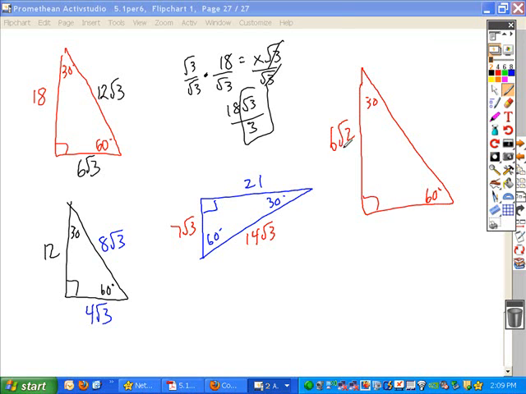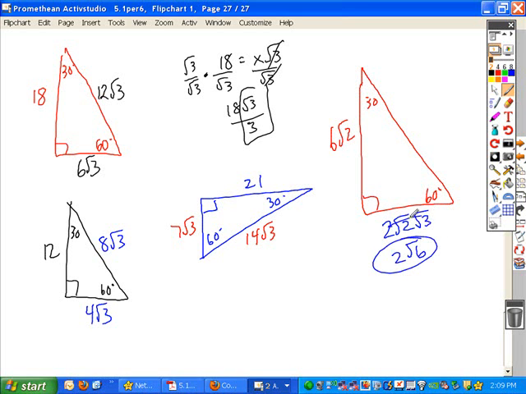Divide by 3. So 6 divided by 3 is 2. Okay, the root 2 carries along, and then we're going to multiply that by root 3. And we can simplify this by combining our product underneath a common radical. 2 root 6 would be our side opposite 30 degrees. Therefore, the hypotenuse is going to be double that, or 4 root 6.